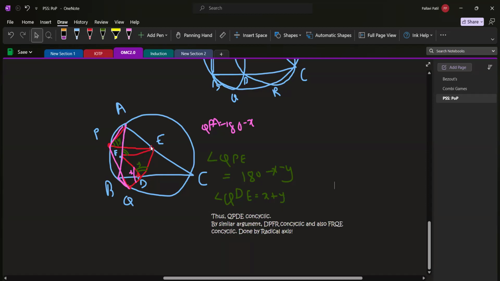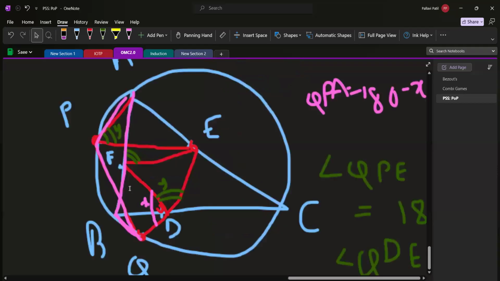That part I can. QPA, and we know that APE is y. So QPE will be 180 minus x minus y.